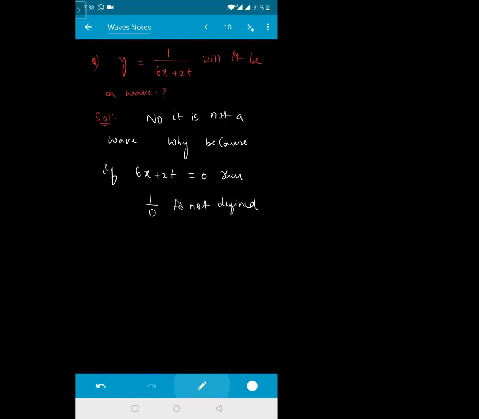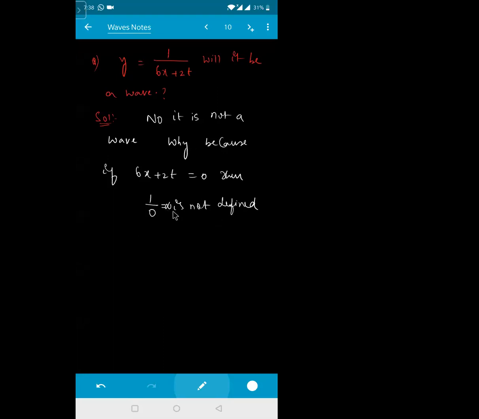Is equal to what? Infinity. 1 by 0 is nothing but infinity, and it is not defined. That is the reason it is not a wave equation.